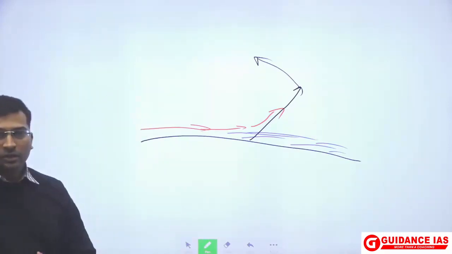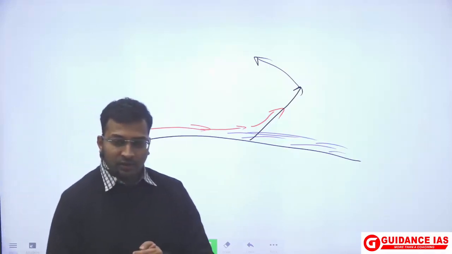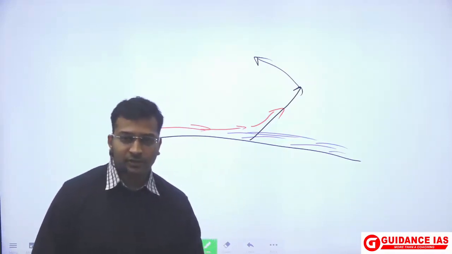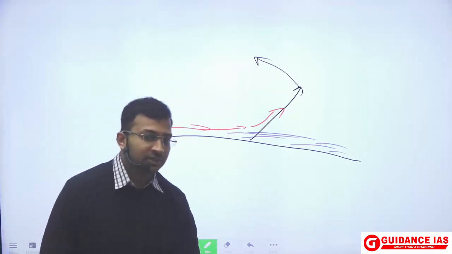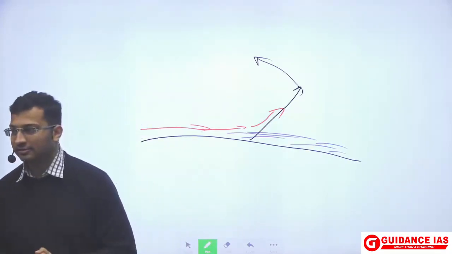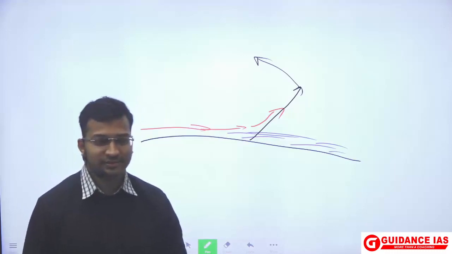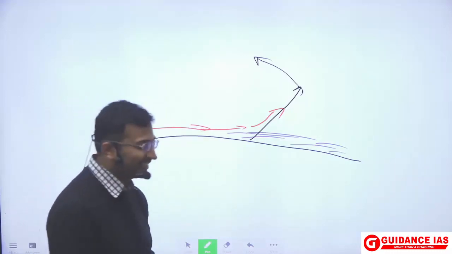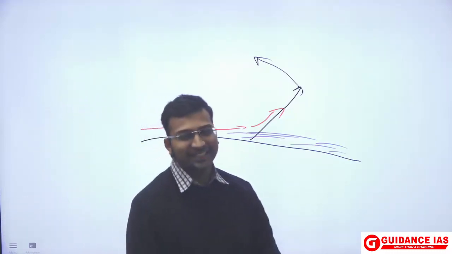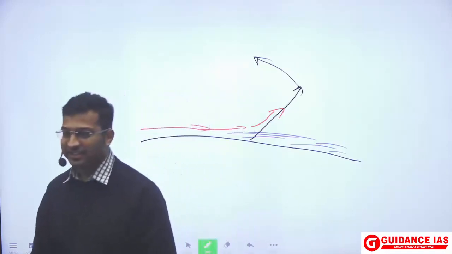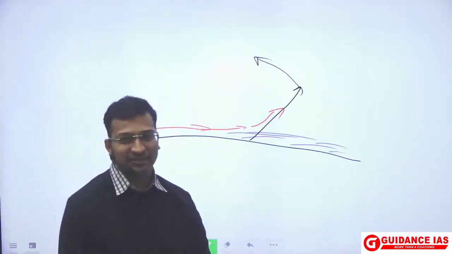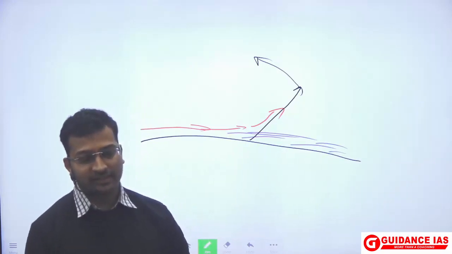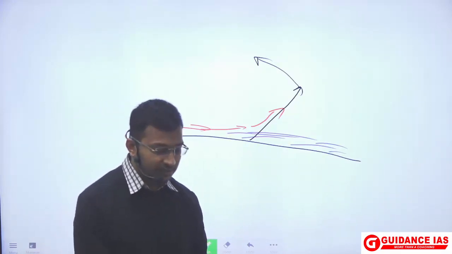Fine. So we have seen all the three subtypes of surface temperature inversion. Which are those? The first one is the radiation inversion. The second one is the air drainage inversion. And the third one is the advection inversion.